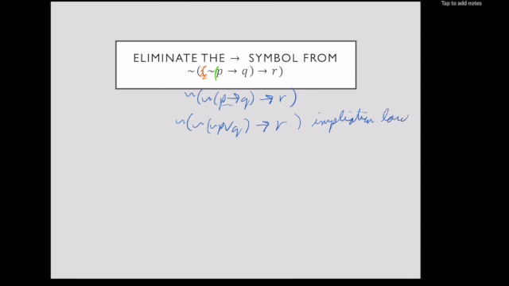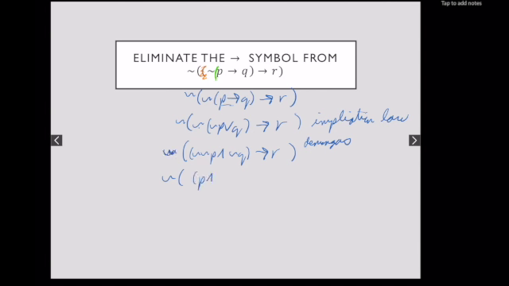I have not, I'm going to use De Morgan's law here. Not P or not Q implies R. That was De Morgan's. And then I'm going to use double negative to get rid of that. So I've got not, and I want to simplify what's inside the parentheses first. That's why I haven't distributed this outside tilde. There's Bailey again.